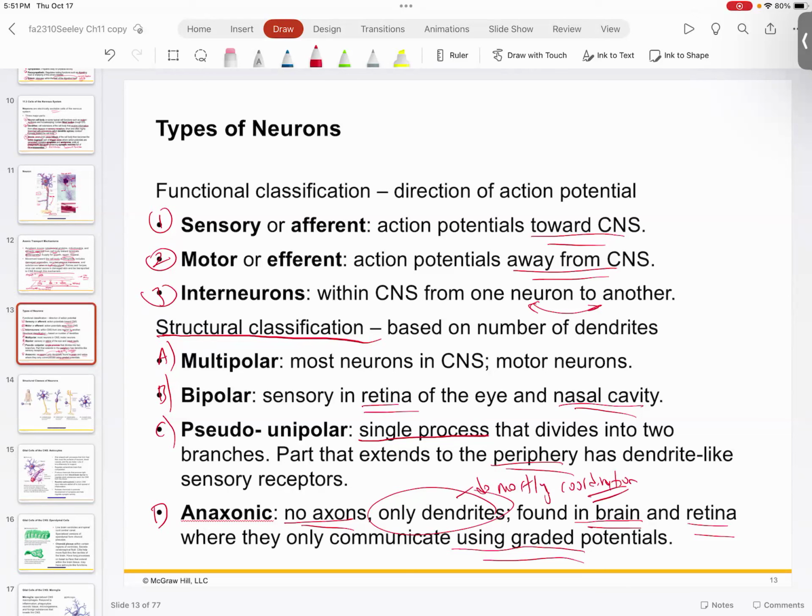Oftentimes the reason why you would have an axon is because you want to propagate your message across distance. But if you're not really moving your message across distance and all you need to do is talk to the cell that's right next to you, then all you need is a dendrite connection. So you don't need an axon, you just need dendrites.